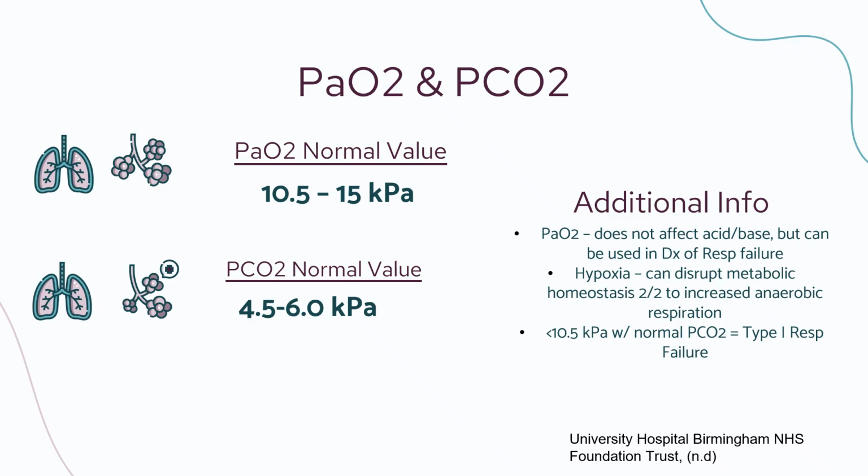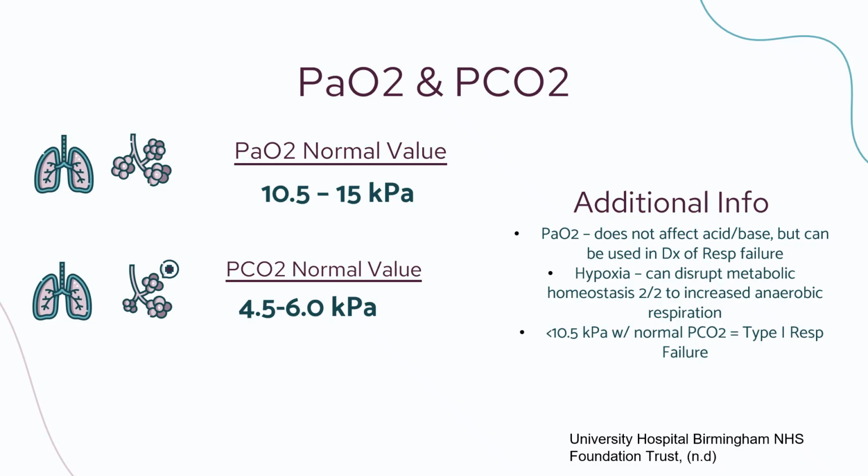Here's a bit of additional information. So the PaO₂ does not directly affect the acid and base, but it can be used in the diagnosis of respiratory failure, and also hypoxia, which is a reduction of oxygen within the blood, can result in a disruption to the metabolic homeostasis secondary to increased anaerobic respiration.